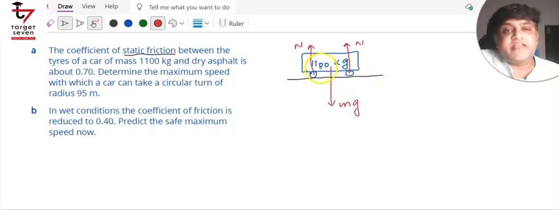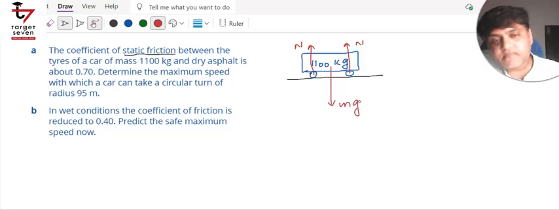Therefore, in this particular diagram, since I'm showing you two wheels, I am showing two arrows as well as a normal reaction. And since there is no vertical movement of the body, we can safely say that the overall normal reaction here will be equal to the gravitational force acting on the body in the downward direction.